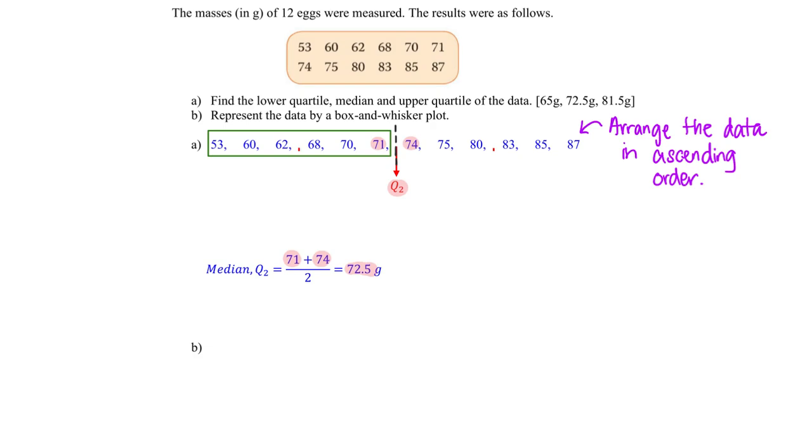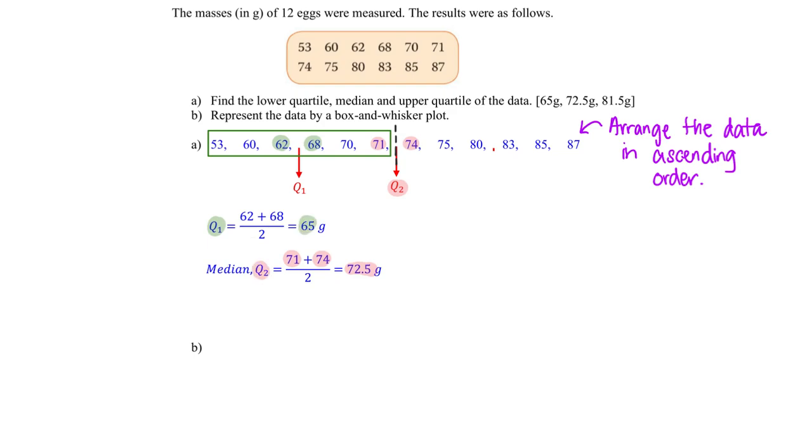Very good. In between 62 and 68, and therefore I'm going to add them and divide by 2. That will give me my lower quartile, Q1, 65.